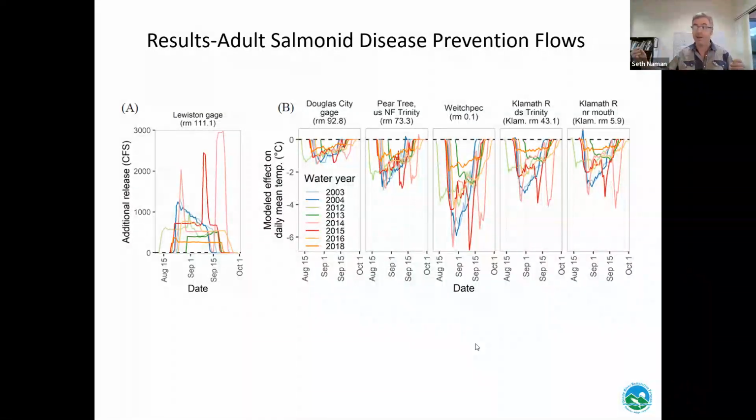But by the time you get down to Weitchpec, the effect of increasing flows on temperatures is a lot stronger because temperatures are warmer. And then that gets washed out a little bit as you get down to the Klamath from mixing and also from ambient air temperatures increasing.